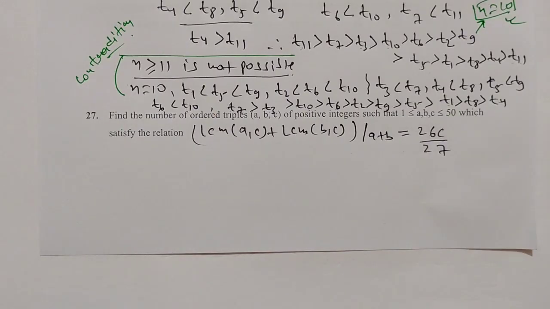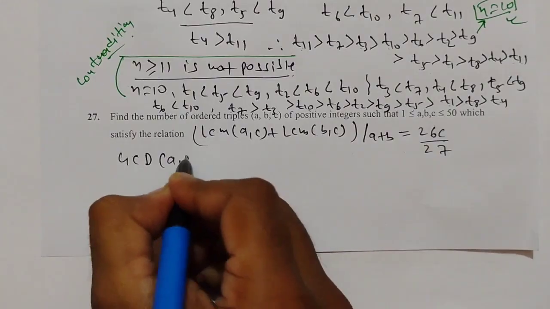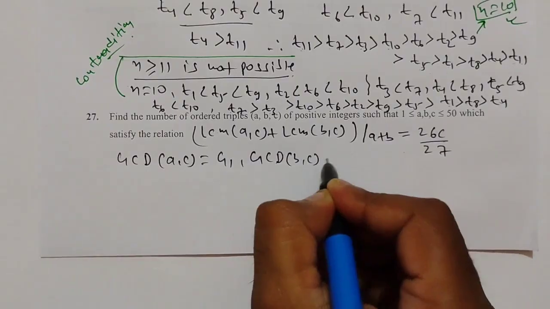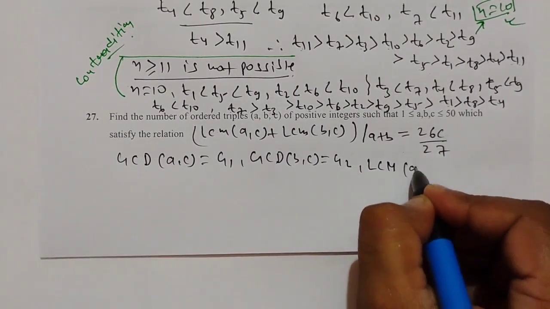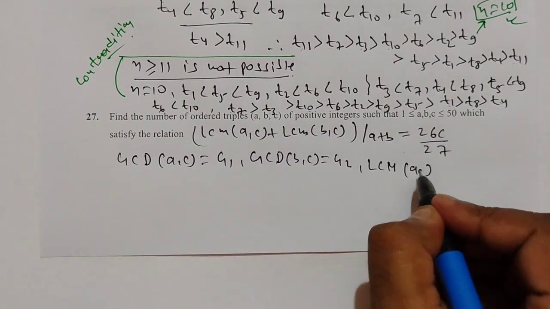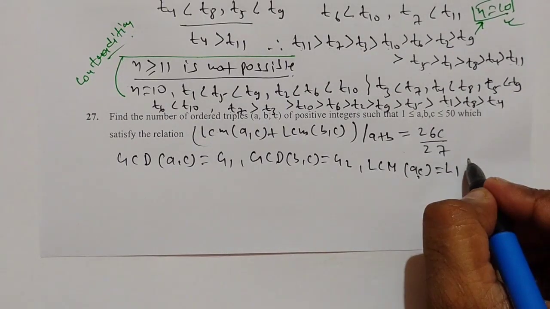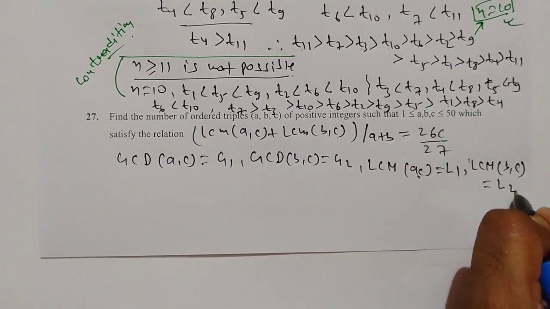So now first of all we have to see the GCD of (A, C) is equal to G1 and GCD of (B, C) is equal to G2, and LCM of (A, C) is equal to L1 and LCM of (B, C) is equal to L2.